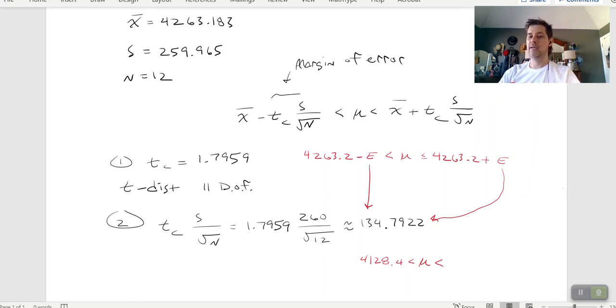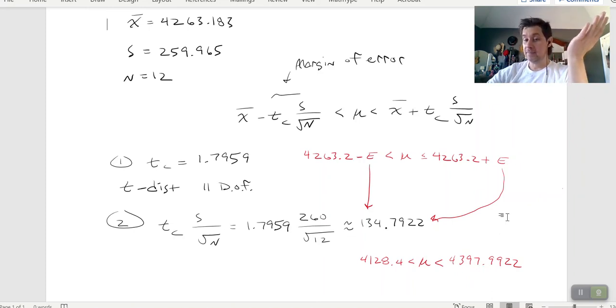And then the high end of my estimate will be 4263.2 plus my margin of error, which is right here, 134.7922. And I get 4397.9922. All right, I'm writing more numbers down than I think I actually need.